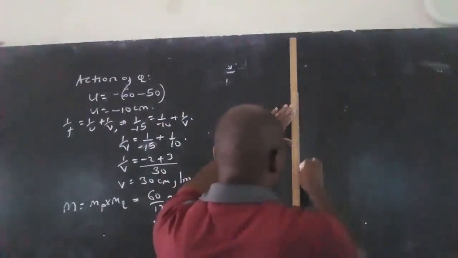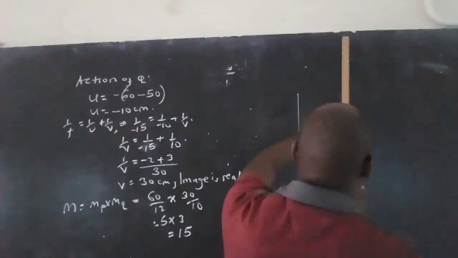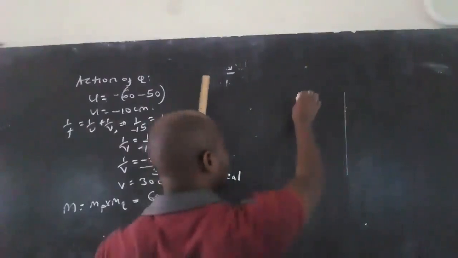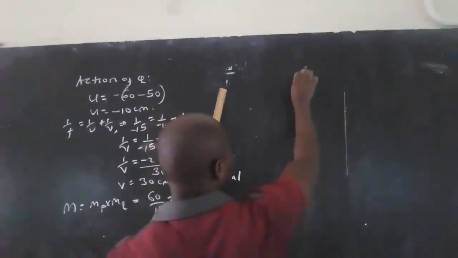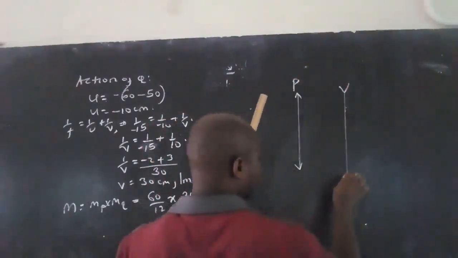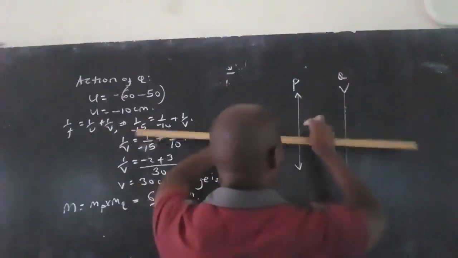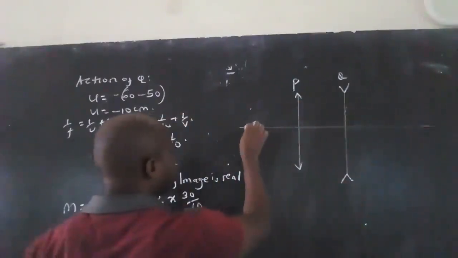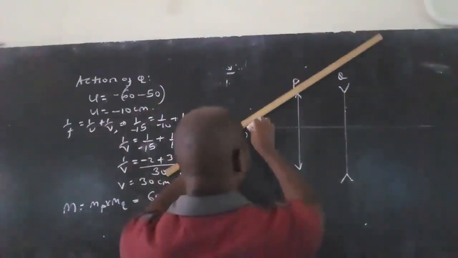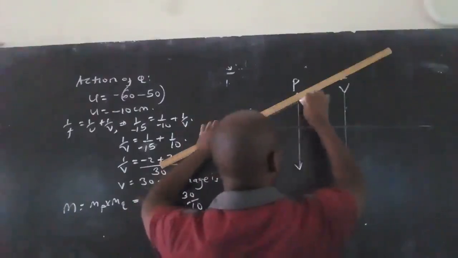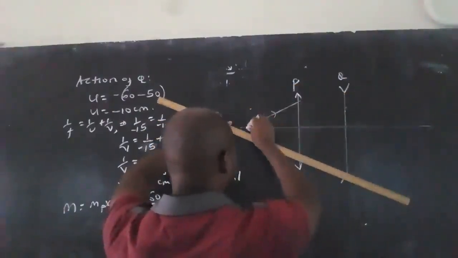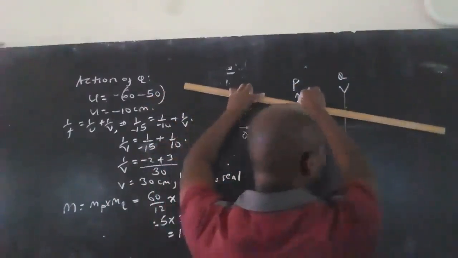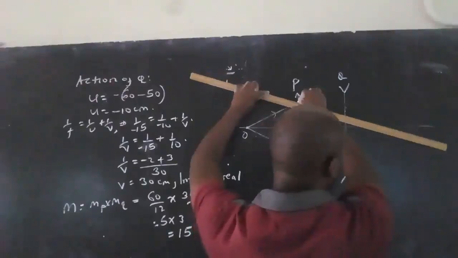This is B, then this is the axis, an object O. We have something like this, moving down here like that, following the virtual.